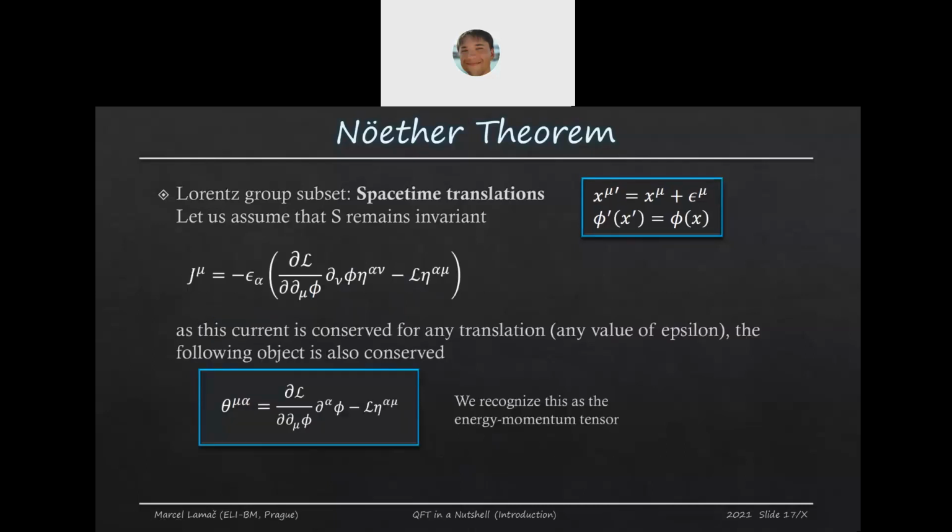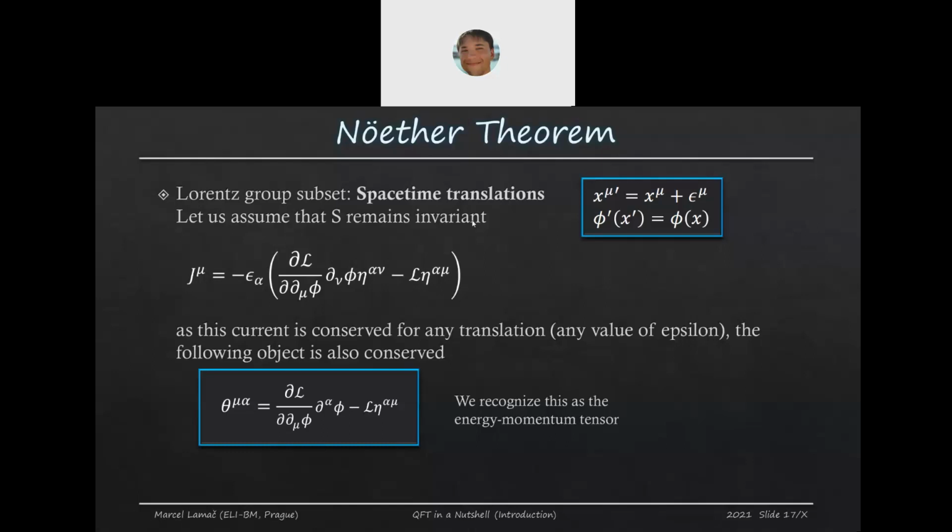If we assume that our action is invariant, once again, we didn't specify any Lagrangian, so we don't know if there is, but for sure there are many actions, or actually most actions, that if they don't depend on the four-position, will be space-time shift invariant.